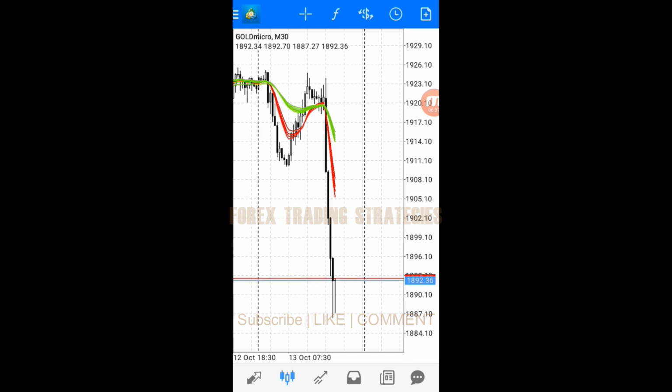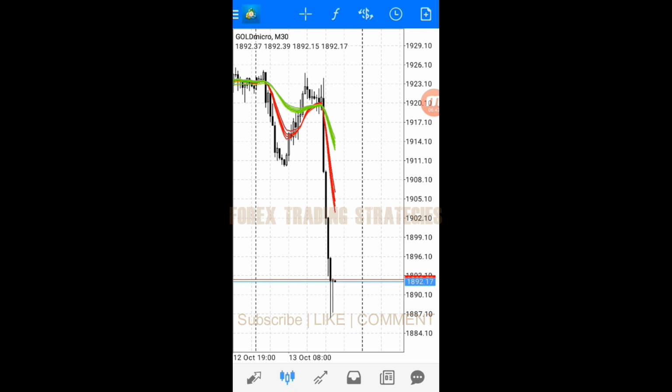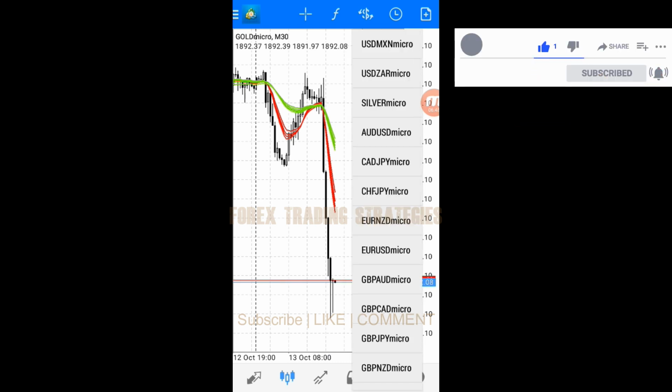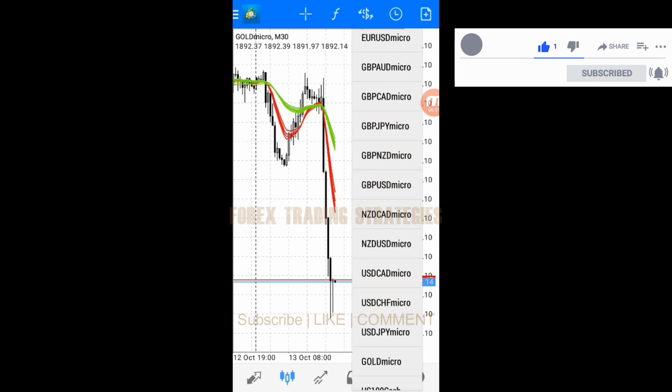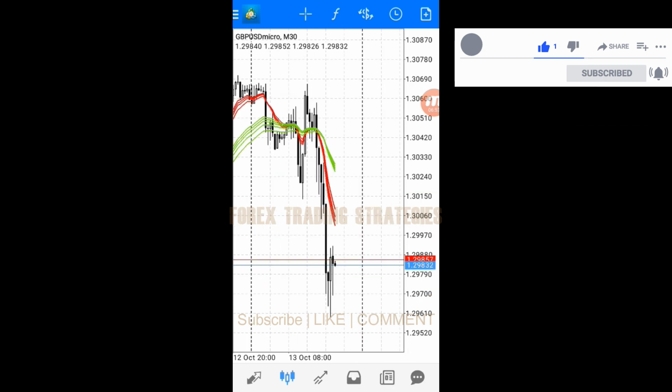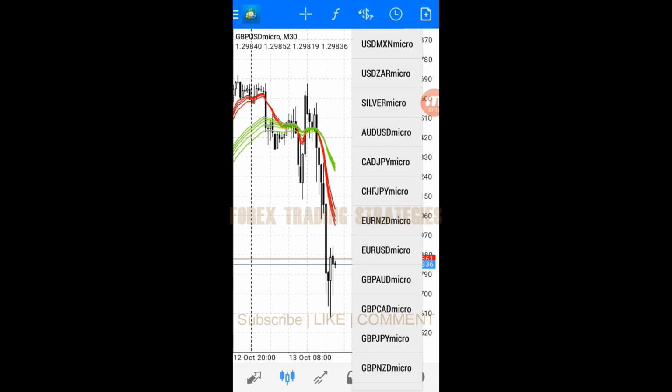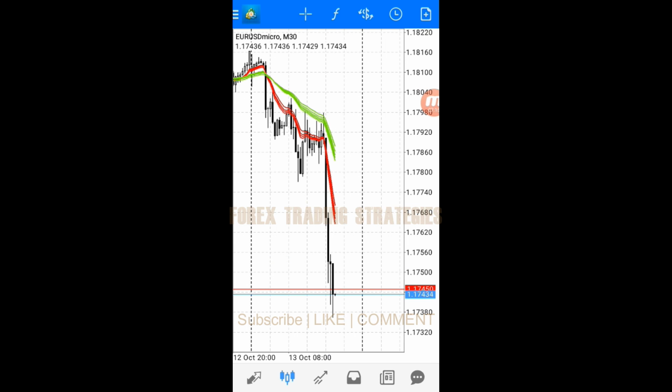So now that the US dollar is strong, according to the dollar index, we are also expecting the pound to be weak. Let's look for GBP USD. There. You didn't need to crack your head for that. We are also expecting the euro to be weak, because the dollar is strong. So Euro USD is going to be bearish. Let's look for Euro USD. It's bearish.